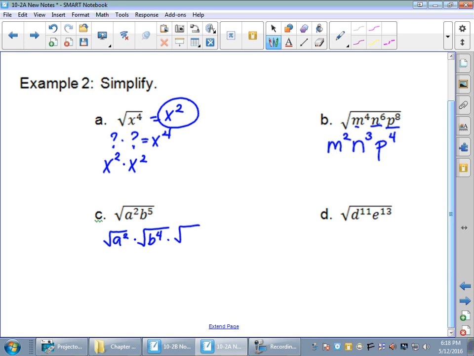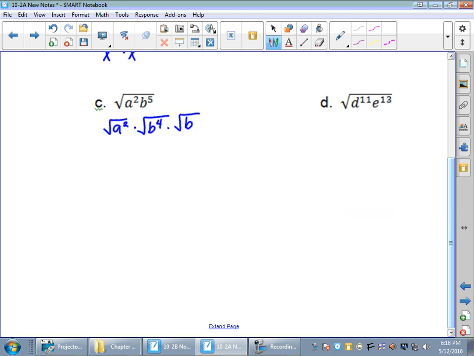But then if I take b to the 4th out, I still have an extra b. There's your 5 b's. And then we're going to simplify. So these first two are going to give me nice, perfect answers. The square root of a squared is a. The square root of b to the 4th is b squared. And then the square root of b just remains. That's your final answer.